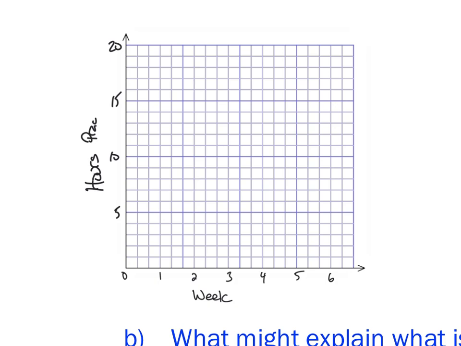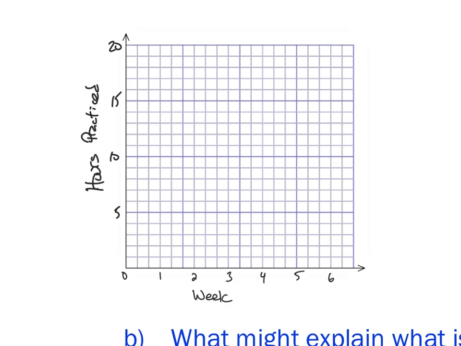Hours practiced. So remember, when we make our graphs, we need our scales and we need the labels. And the labels tell us what the numbers mean, okay? So once we have our scales and our labels, then we can start creating our bars.